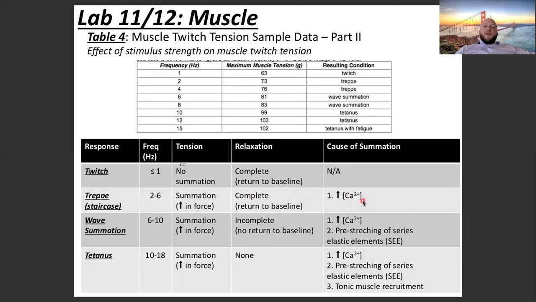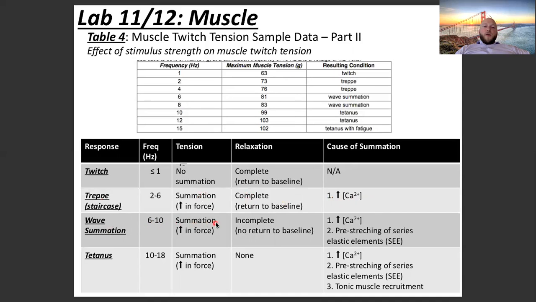And we're going to see this because not all the calcium that's released during the initial shock, during the initial muscle action potential, is going to be able to be transported back into the sarcoplasmic reticulum before another muscle action potential occurs. So some of that calcium is going to stay in the cytoplasm and not get moved back into the sarcoplasmic reticulum before the next shock occurs. But enough calcium is going to get put back into the sarcoplasmic reticulum so that the muscle will relax back to a baseline relaxation.